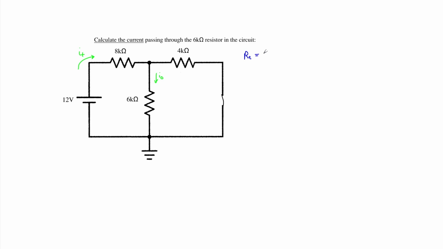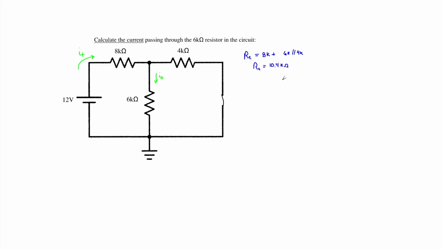And this is going to be equal to 8,000 plus our parallel resistance of 6K and 4K. Solving, we are able to find that our total equivalent resistance is 10.4 kilo ohms.